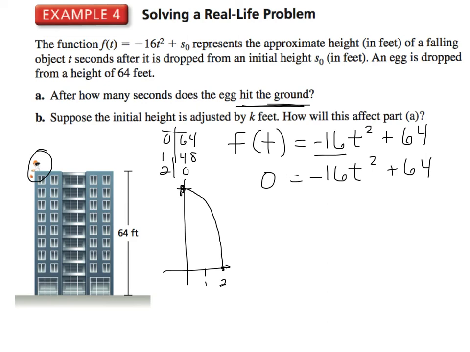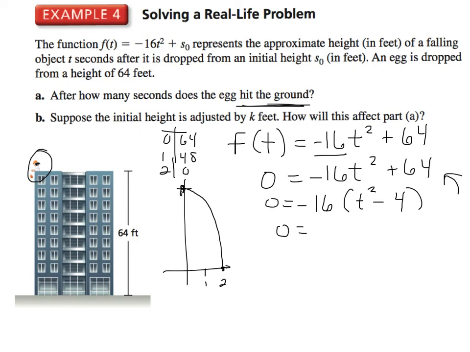It takes 2 seconds. But wait a minute. We just learned last chapter how to solve a quadratic equation equal to 0. Step 1, take out a GCF. The GCF would be negative 16. If you took out a negative 16, you would get t squared minus 4, and then equals 0.